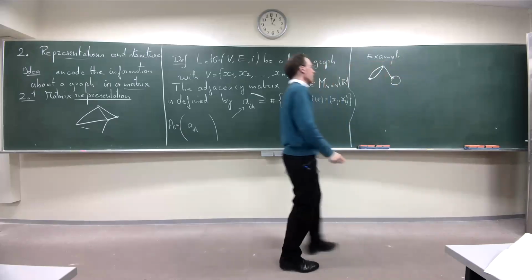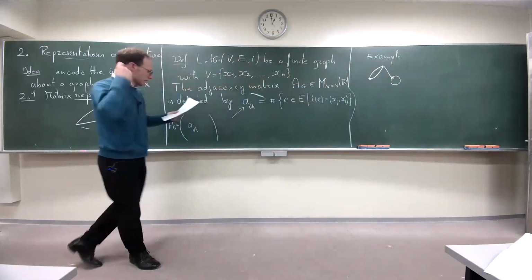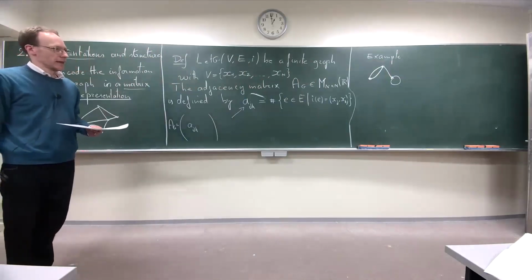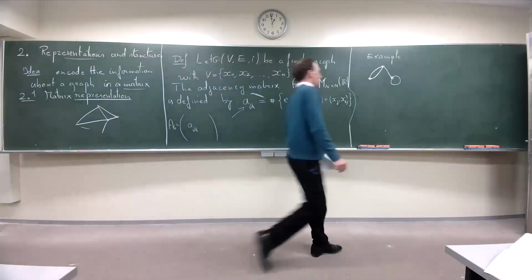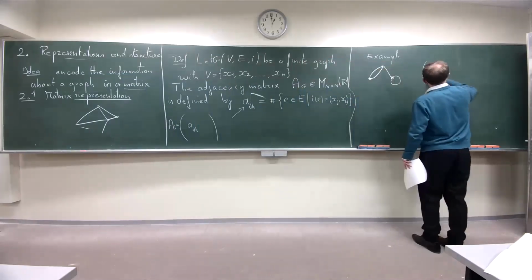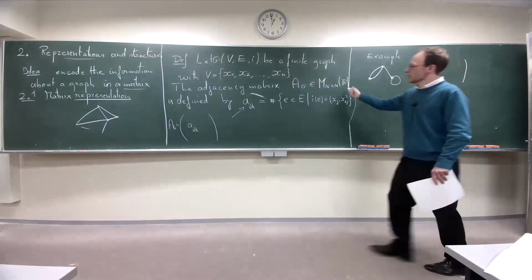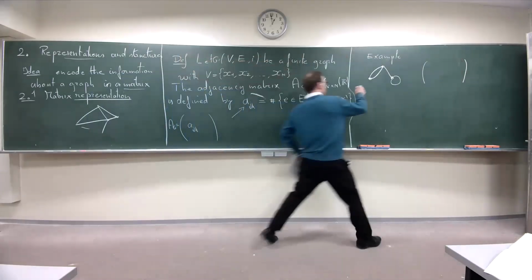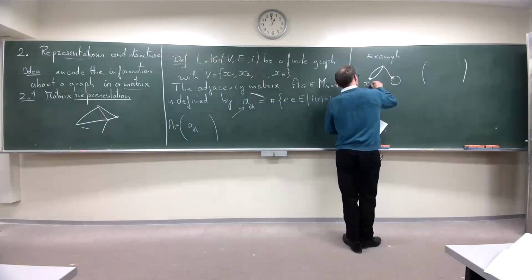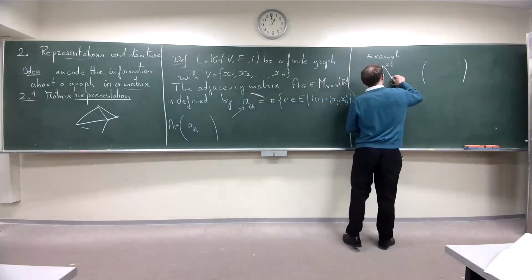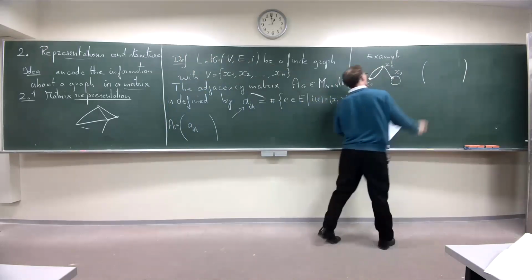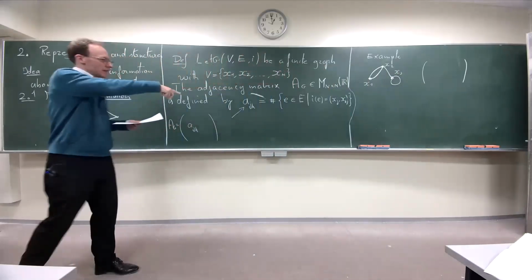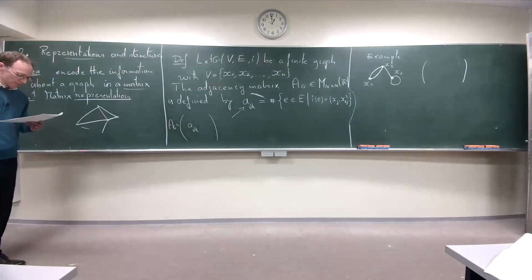So we have 3 vertices and 4 edges. What is the matrix? It's going to be a 3 by 3 matrix because capital N is 3. And I need to give names: this is x1, x2, and x3. The loop is just the only missing information.